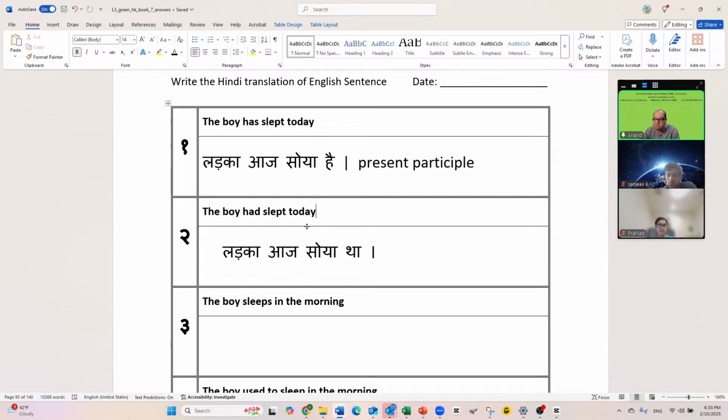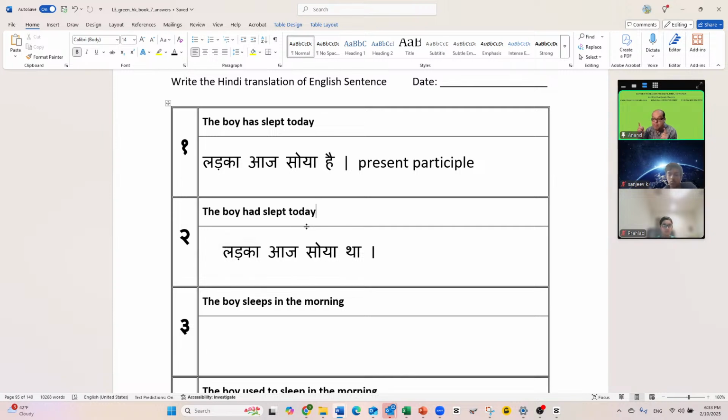Has slept today means it's not a long time ago, but had slept today means it's a lot of time back. Yes, a lot back in time. So we are still talking about today.